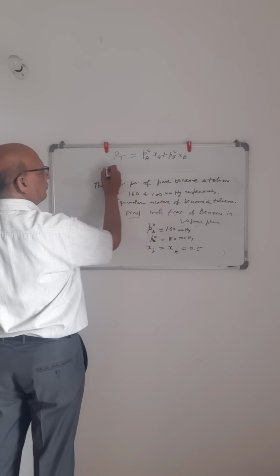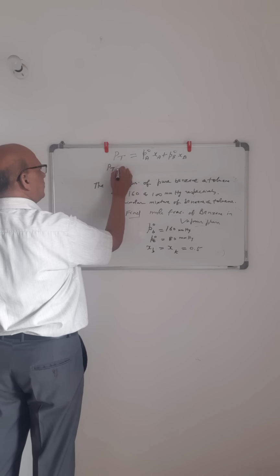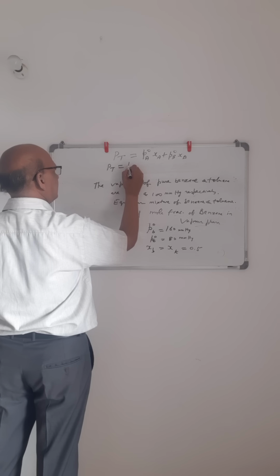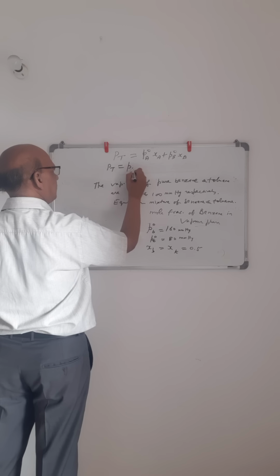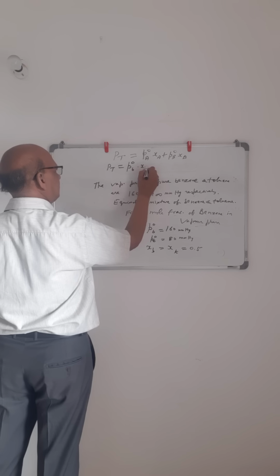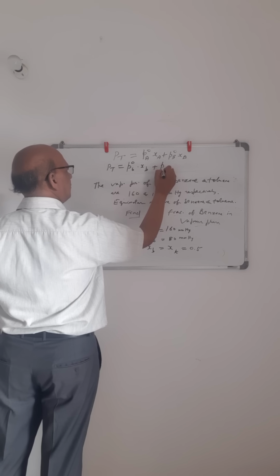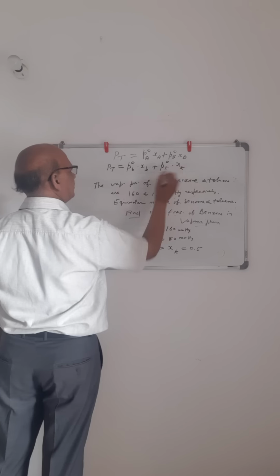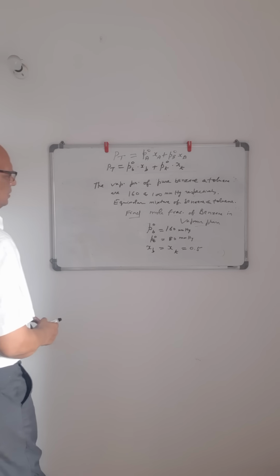Okay. What will be P total? P total equals PB naught into XB for benzene plus PT naught into XT for toluene.